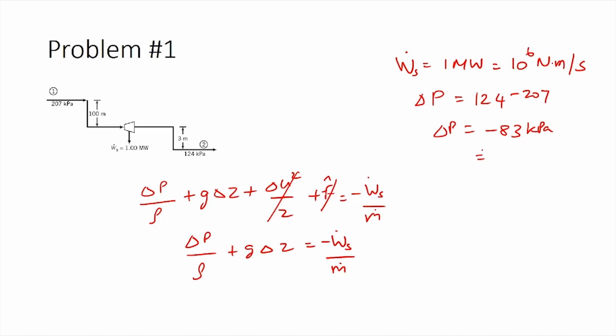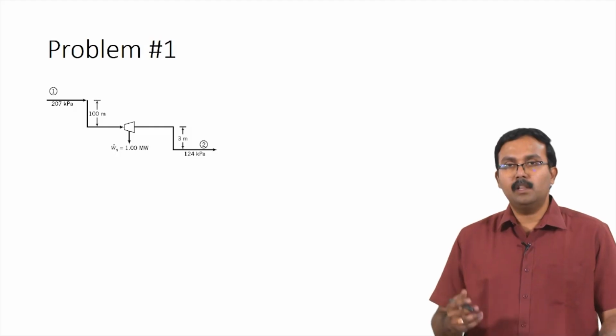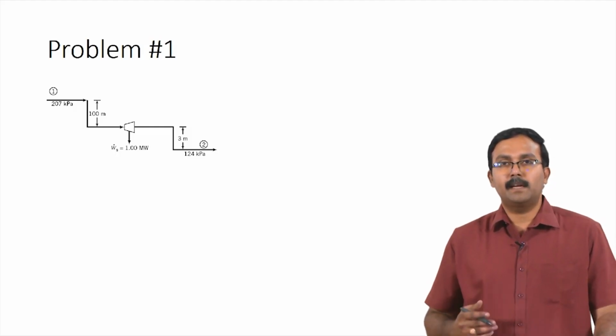So this can be written as minus 83 times 10 power 3 Newton per meter squared, and density is the density of water, which would be 1000 kilograms per meter cube, and g, which is acceleration due to gravity, would be 9.81 meters per second squared, and delta z, which is the total change in height, would be equal to minus 103 meters.